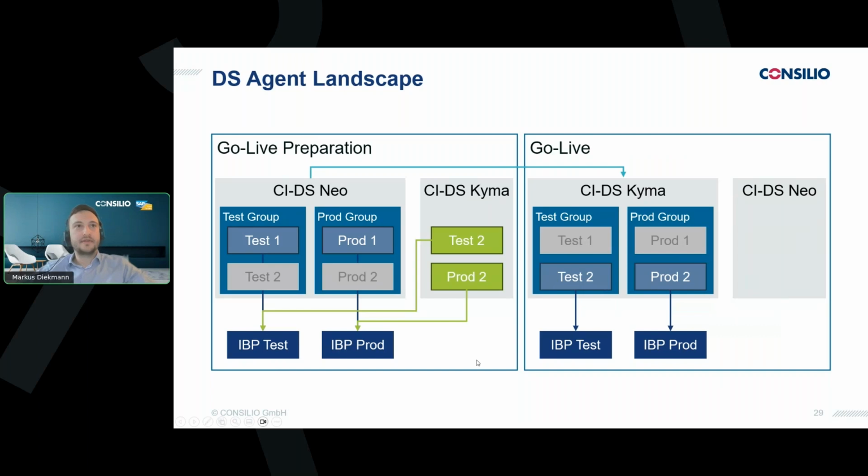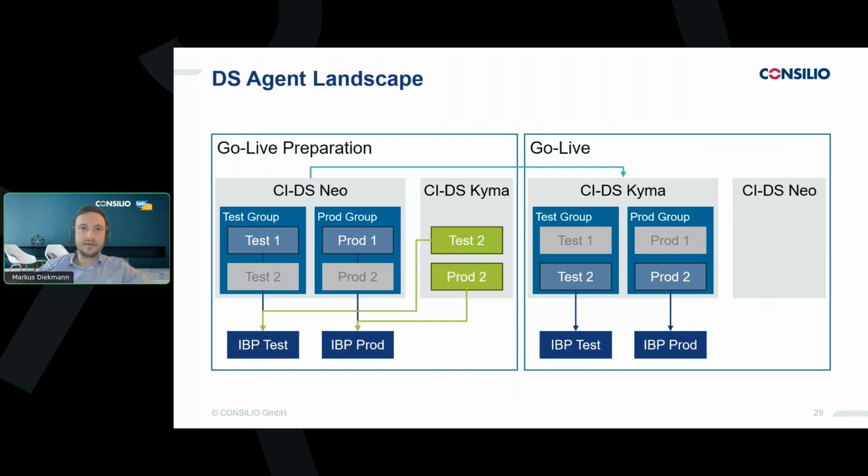Then after the go-live, a full copy is done again from the Neo environment to Kyma, and that's the final copy if the migration does not fail. And then you have your already routed agents connected to the Kyma environment.